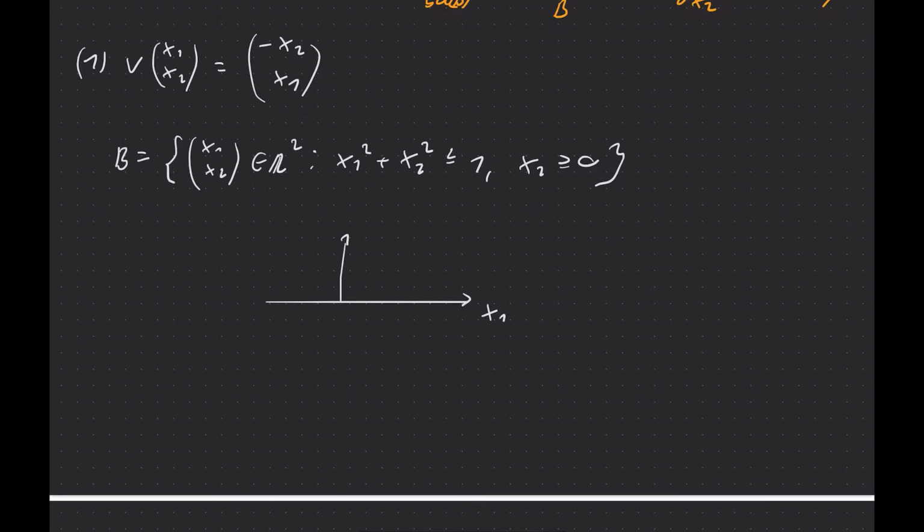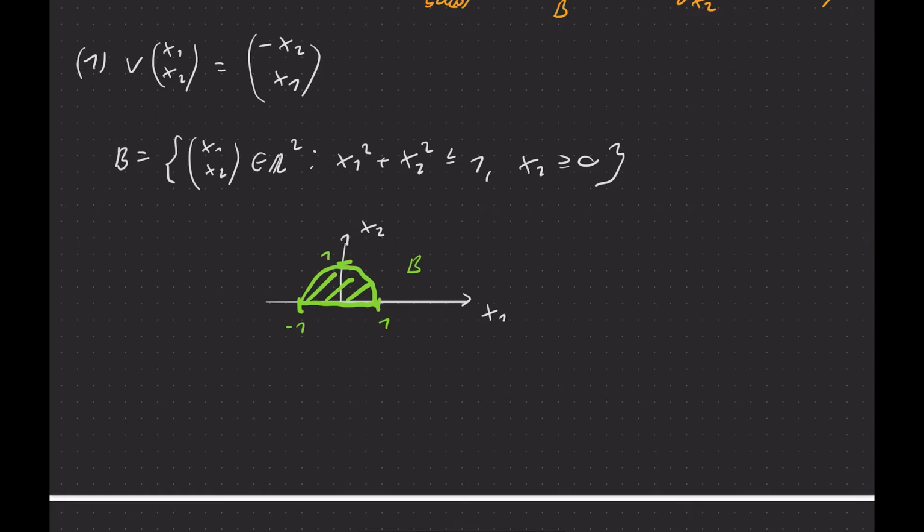Here's x1, here's x2. Then the domain basically looks like the half disk. Okay, so this is B, that half disk. Here's minus 1, here's 1, and here's 1 as well.